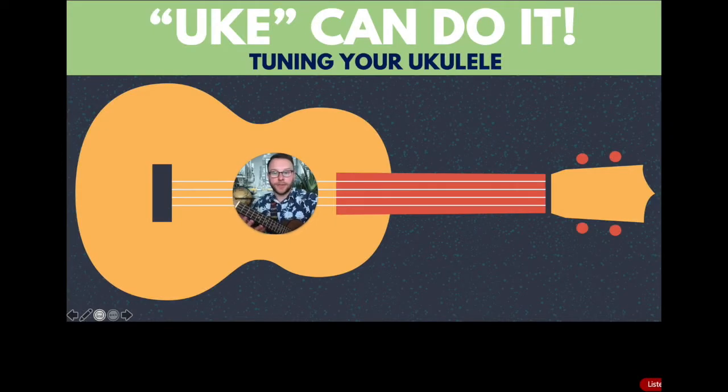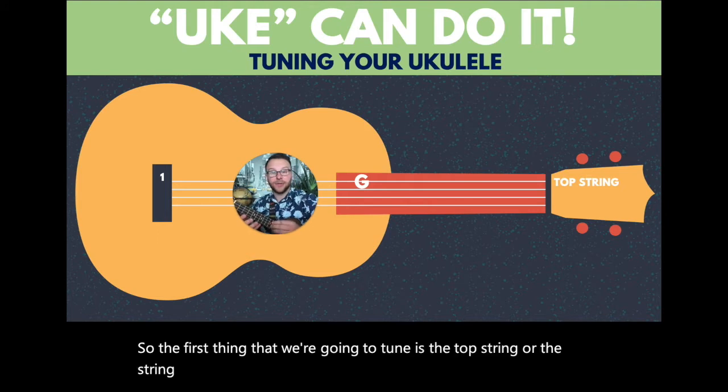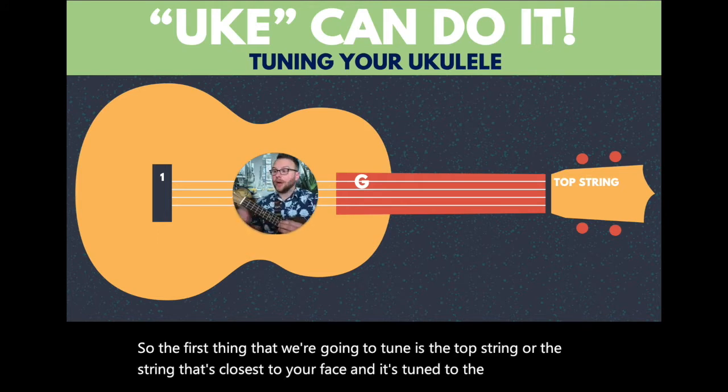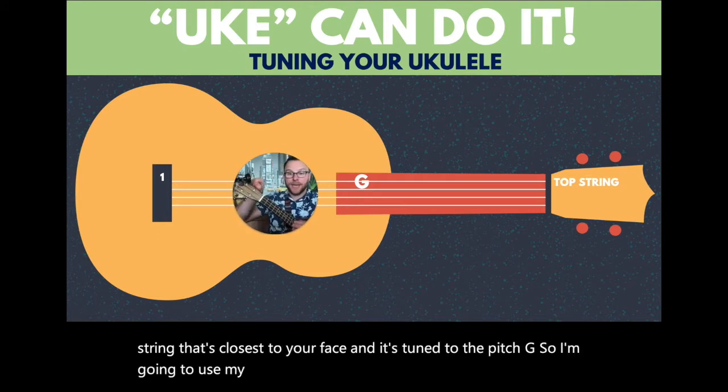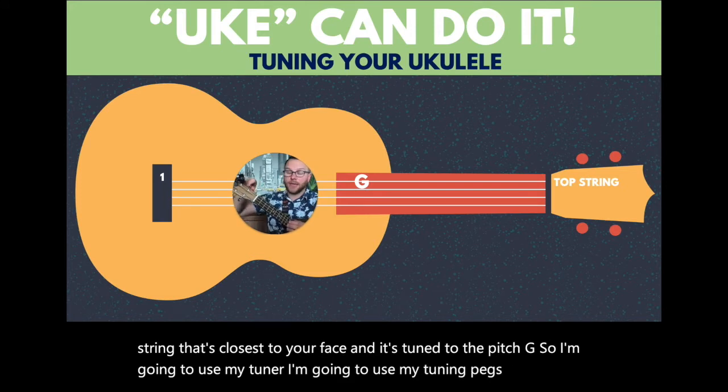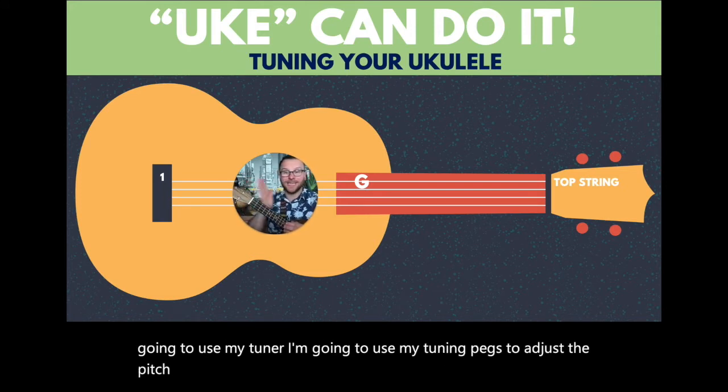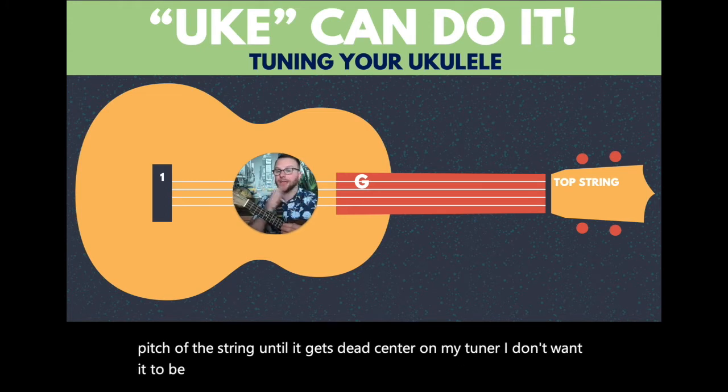So the first string that we're going to tune is the top string, or the string that's closest to your face, and it's tuned to the pitch G. So I'm going to use my tuning pegs to adjust the pitch of the string until it gets dead center on my tuner. I don't want it to be too high or too sharp, and I don't want it to be too low or too flat. So I'm going to do that now.